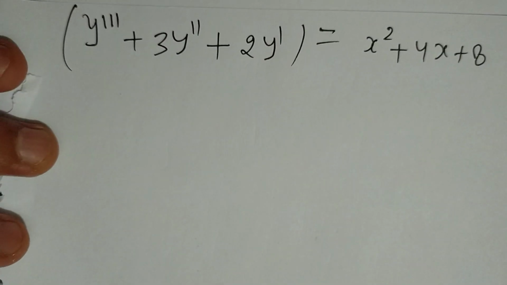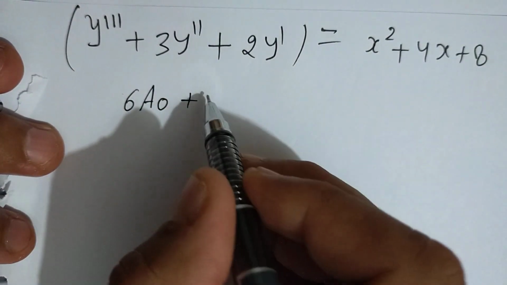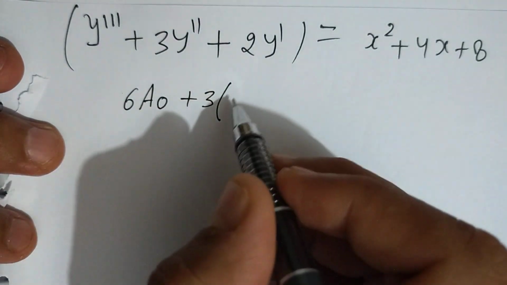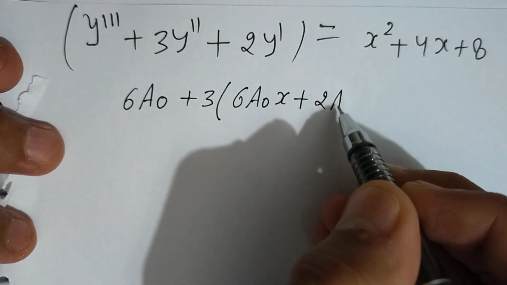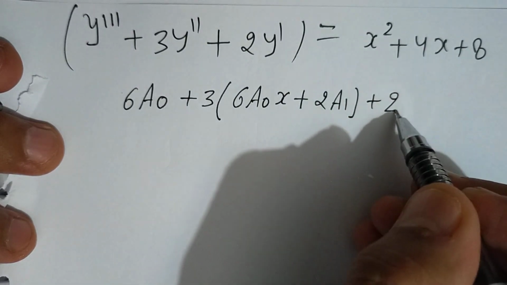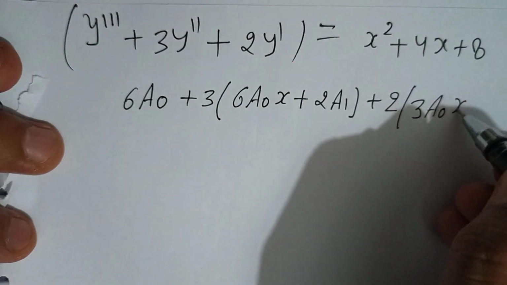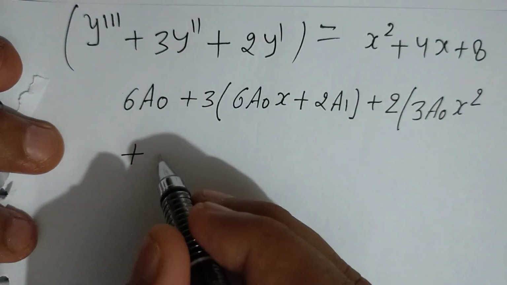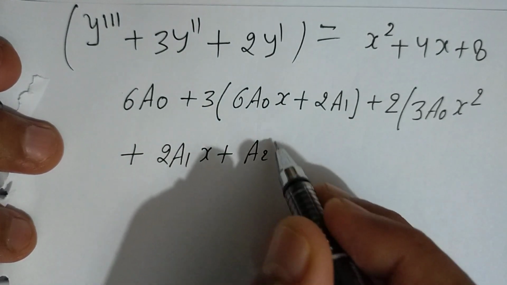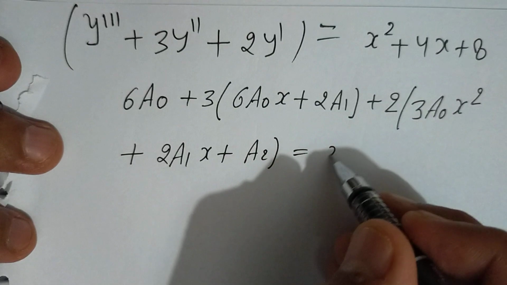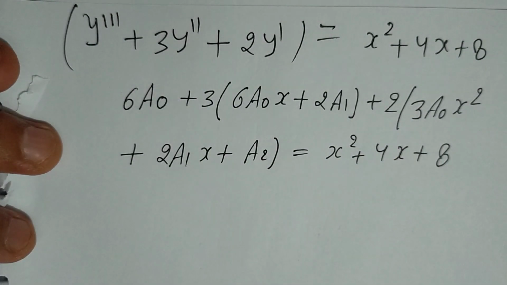So y triple dash is 6a0 plus 3 y double dash is 6a0x plus 2a1 plus 2 and y dash is 3a0x square plus 2a1x plus a2 equal to x square plus 4x plus 8.